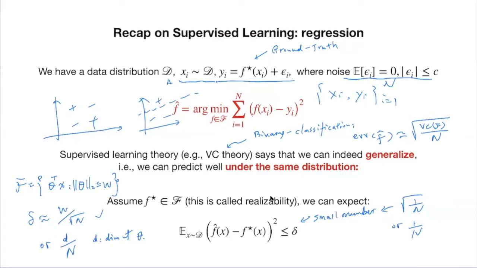I give you any 3 examples, you can find a linear function that classifies them perfectly. But if I give you 4 examples, for example positive, negative, negative, positive, you cannot find a linear function that perfectly separates them. Right, so that's the VC dimension, if you still recall it. Yeah, that makes sense.